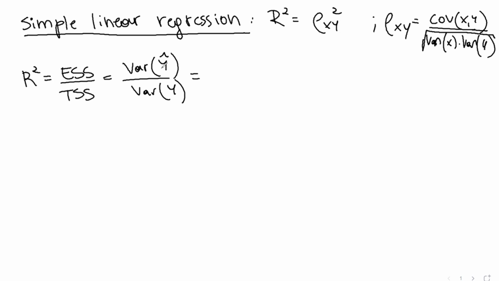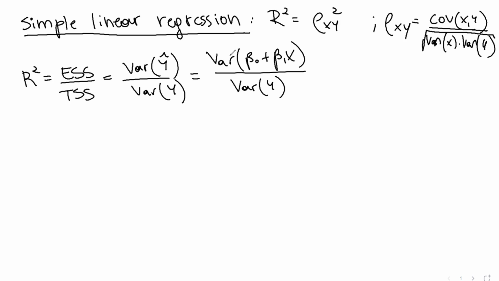And all that we have to do here is plug in for what y hat is, which is just beta naught plus beta 1 x. And let's just leave the variance of y as is. So note a few things.